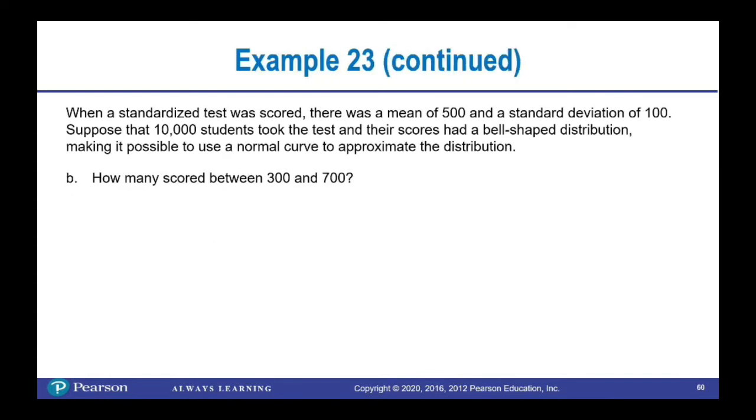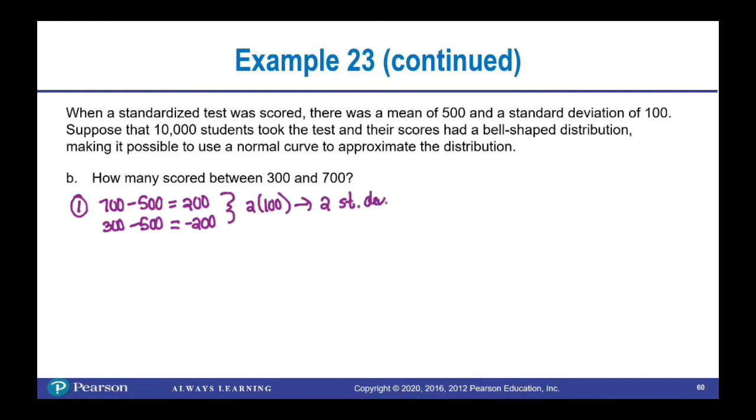Look at part B. How many students scored between 300 and 700? Again, the first thing I need to know is how far from the mean are each of these values. So I subtract 700 minus 500 and 300 minus 500. Notice that I get 200 and negative 200. Again, a positive value is above the mean, a negative value is below the mean. 200 is 2 standard deviations away from the mean.